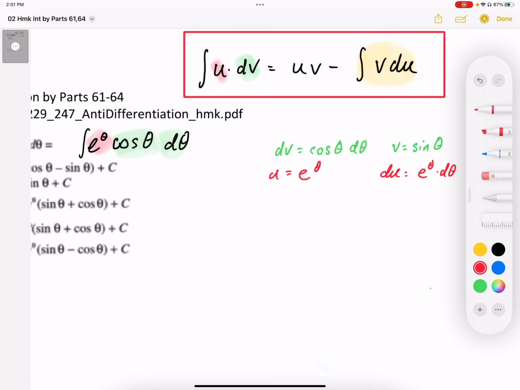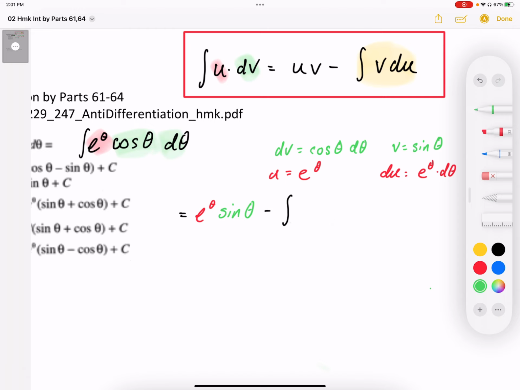Putting it into my formula, I end up with uv, so it becomes e^θ, v is sin θ, minus the integral v du.